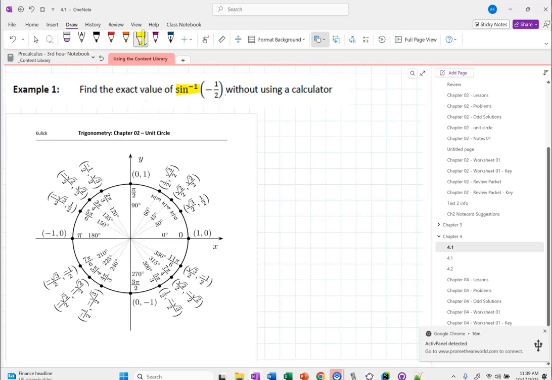Because it's sine inverse, the range for sine inverse is from negative pi over 2 to positive pi over 2, right? What two quadrants on the unit circle are covered by the angles negative pi over 2 to positive pi over 2?